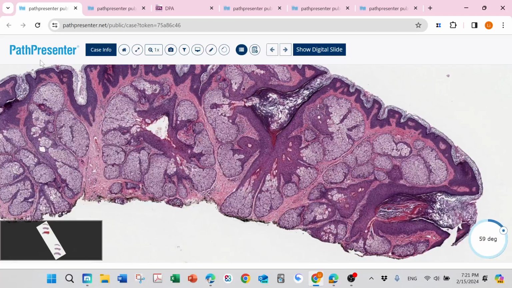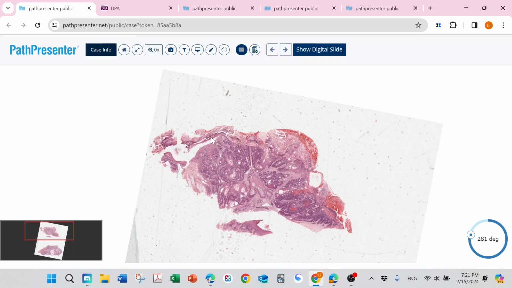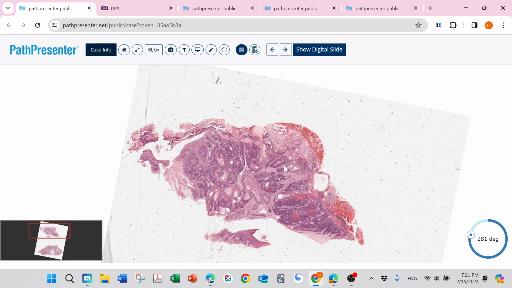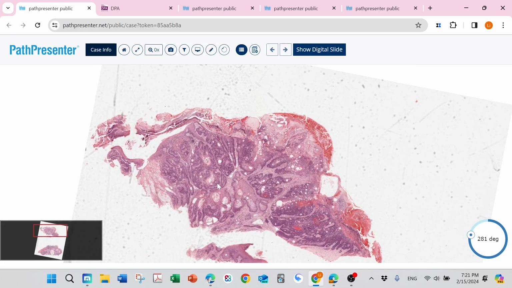And then we have sebaceous adenoma. This is sebaceous adenoma. First, we know that this sebaceous gland cannot just surround the hair follicle. They are everywhere.